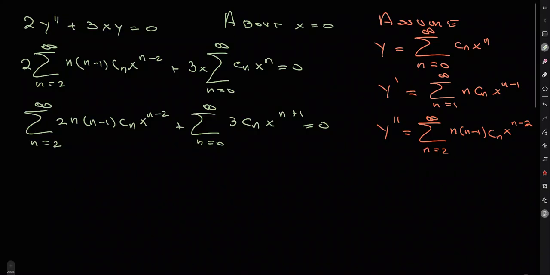So we might want to write both series in terms of x to the n plus 1. However, the first series has a power n minus 2, and it would take 3 units to go from minus 2 to plus 1.